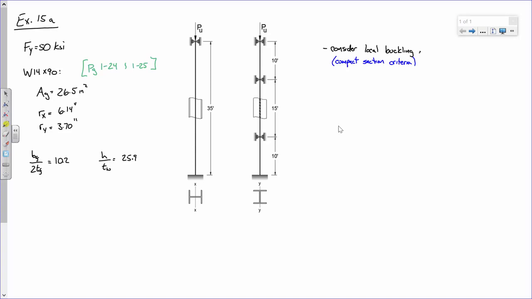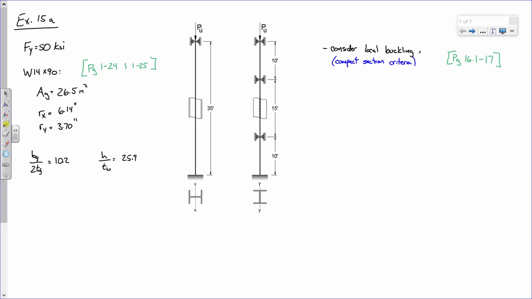Now, what I want to do is go to that table we were just looking at, page 16.1-17. Now, we have unstiffened elements and stiffened elements.